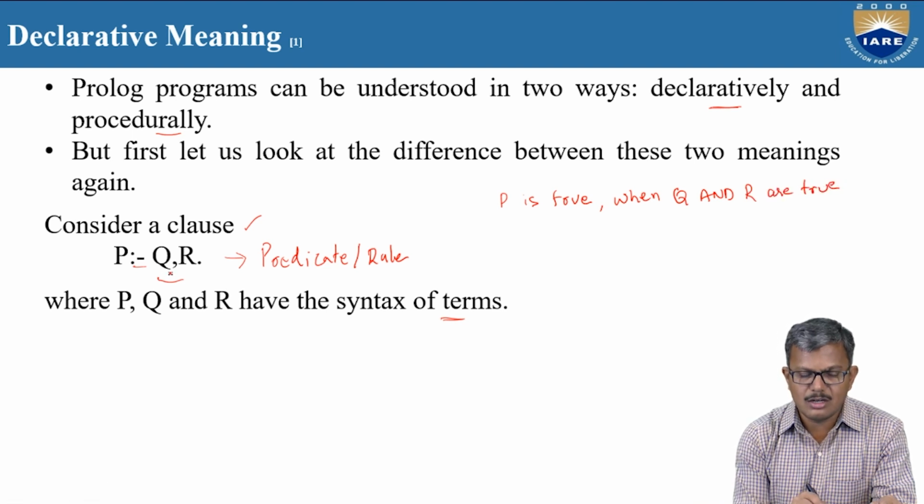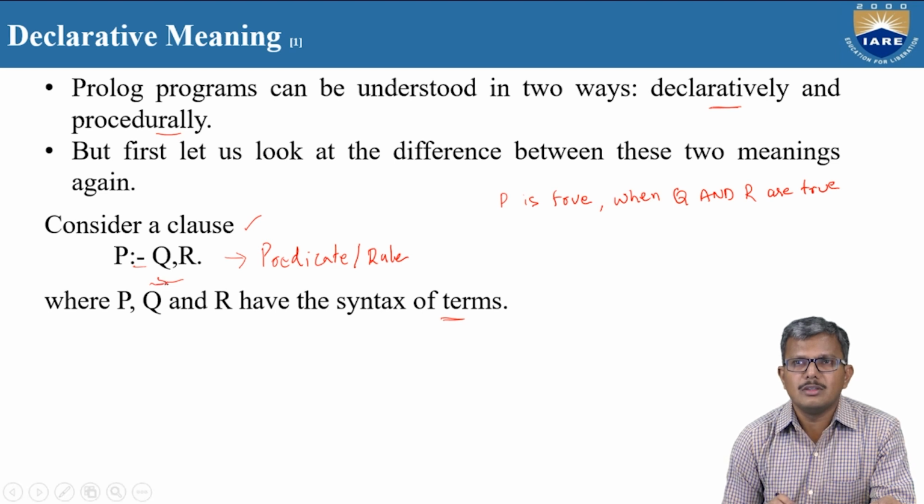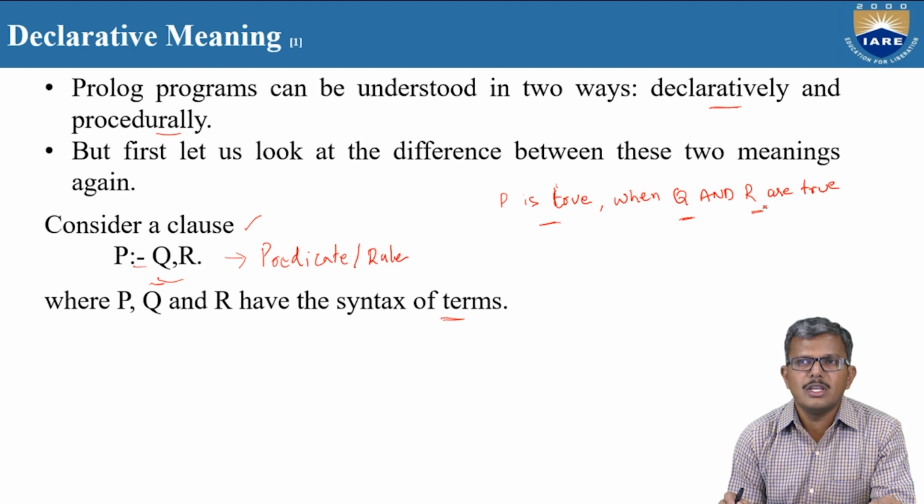If you want to prove that P is true, before that you have to prove first Q and later on you have to prove R. Once you prove that Q is true and later on R is true, then automatically you are able to prove that P is true.